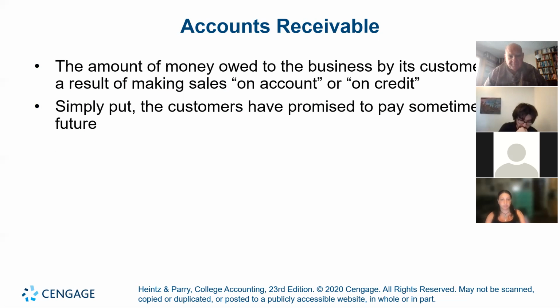Accounts receivable is the amount of money owed to us at a particular point in time. If you look at your general ledger and you see that the number is $10,000, that means all your customers combined at that point in time owe you $10,000. You have sold something to them on credit.